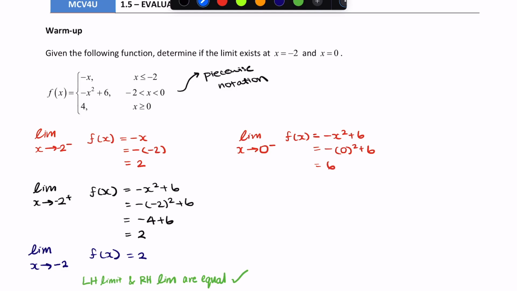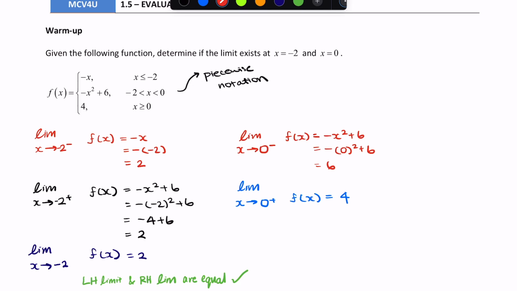And if we approach the limit as x approaches 0 from the right, we see that f of x is equal to 4. So here we see that the left-hand limit and the right-hand limit are not equal. Therefore, the limit as x approaches 0 does not exist.